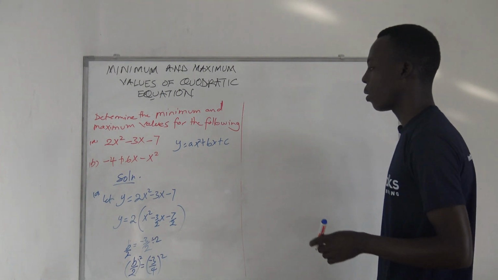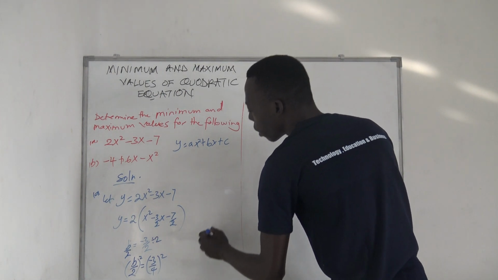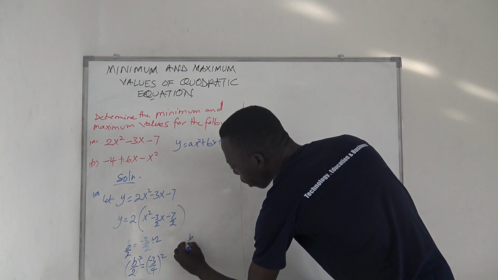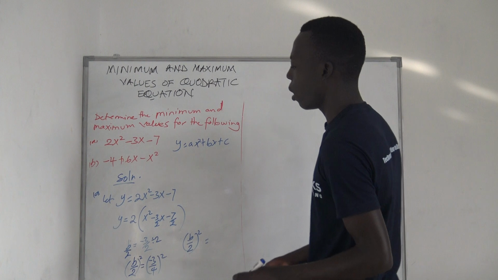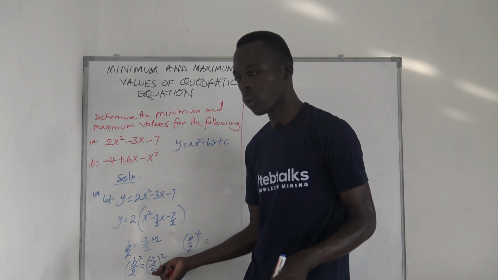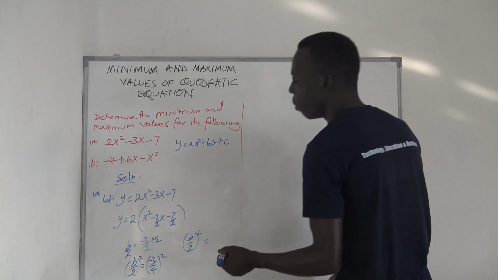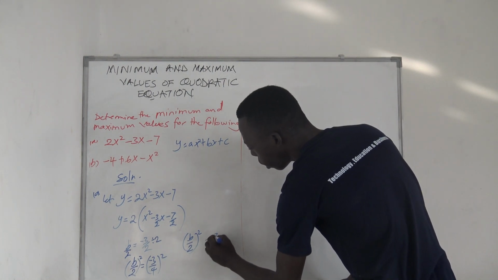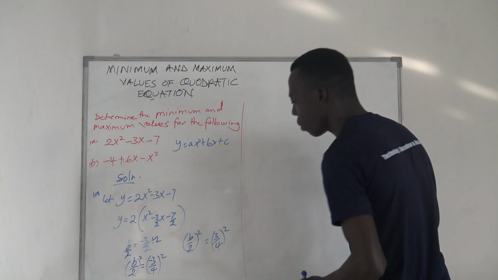So our b out of 2 squared will be equal to, when you square a negative value, any negative value, you get a positive. So here we shall remain with 3 out of 4, the whole thing squared.